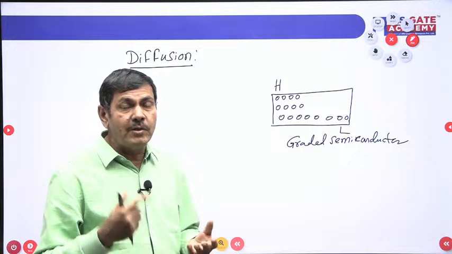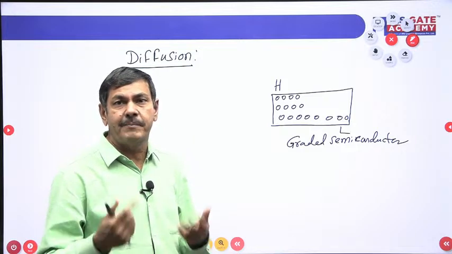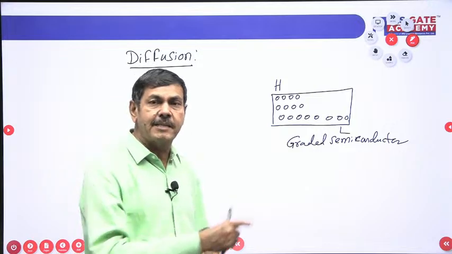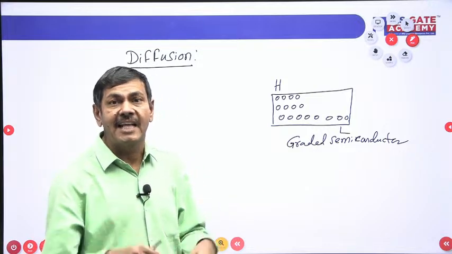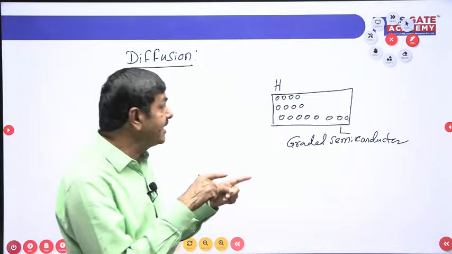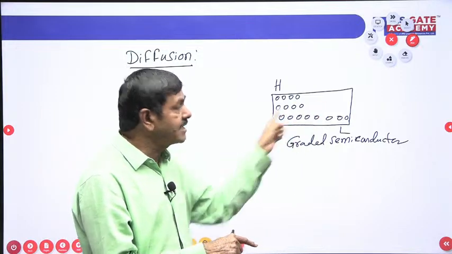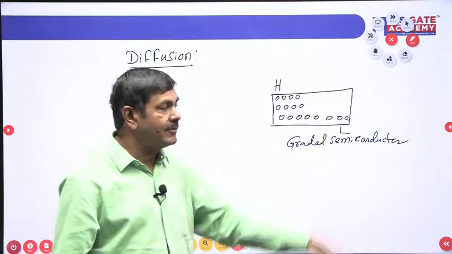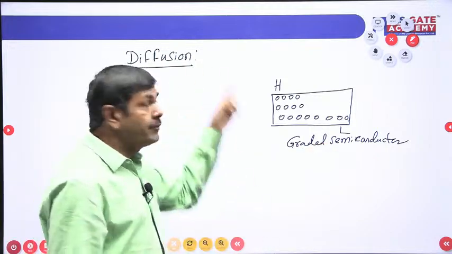Why? If there is no difference of the concentration, we cannot find any mechanism of diffusion. The mechanism of diffusion takes place only when a difference of the concentration exists.